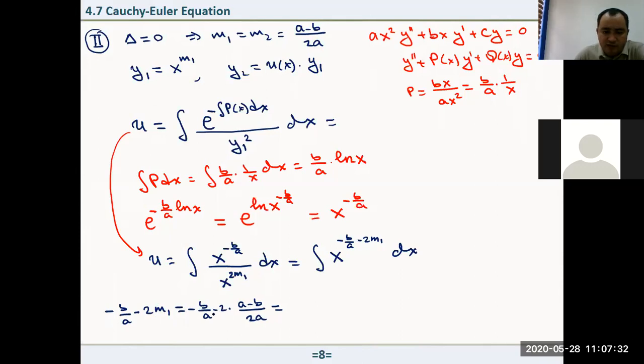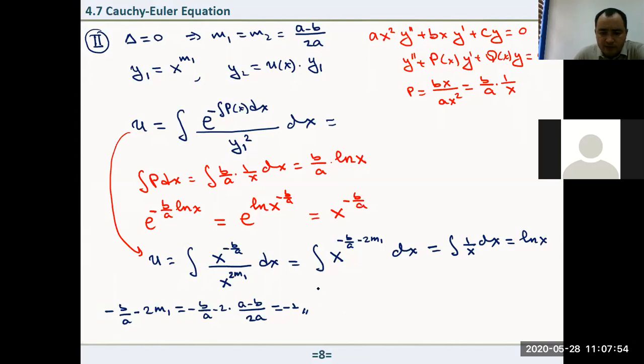What is left is minus a over a, so this thing is equal to negative 1. So that is equal to the integral of 1 over x dx, because x to the power negative 1 equals 1 over x, and that's equal to the natural logarithm of x.